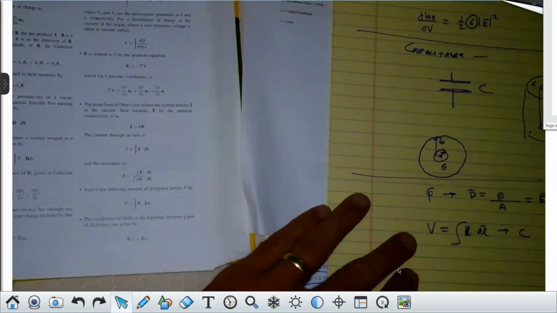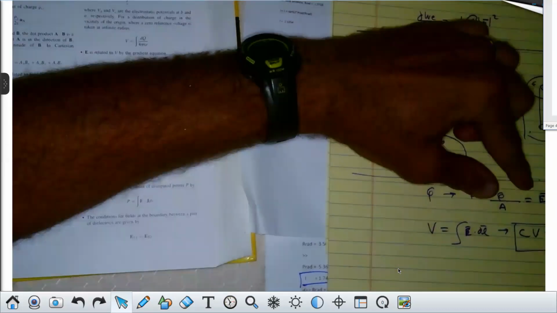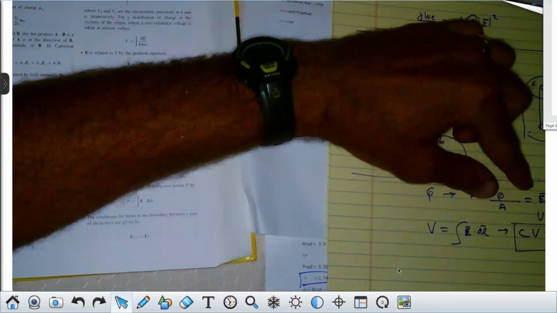Now, how many remember these formulas that C times V is equal to Q? Do you remember that one? Capacitance times voltage was charge. How many do? Anybody? No? You remember for resistance, right? That voltage was equal to I times R. You all remember that one, right, guys?